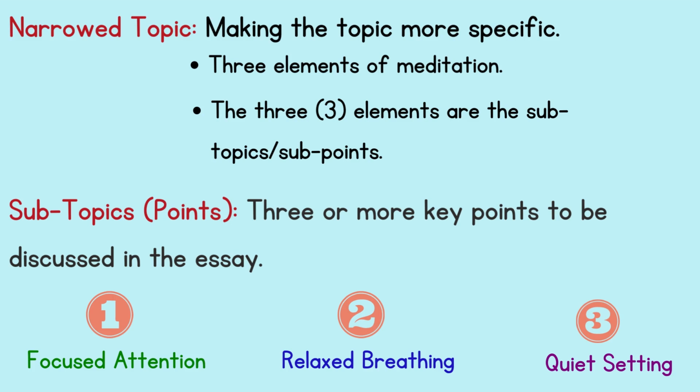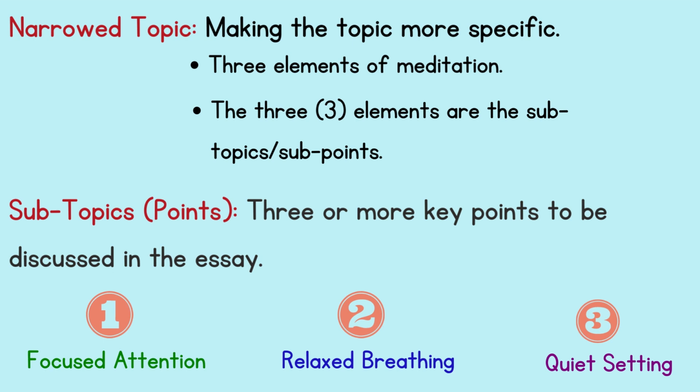So in this case, since the topic is meditation, we can narrow it down to three elements of meditation, right? So the three elements are the subpoints slash the subtopics. And these three elements have allowed us to narrow down what we need to discuss in the essay, right?